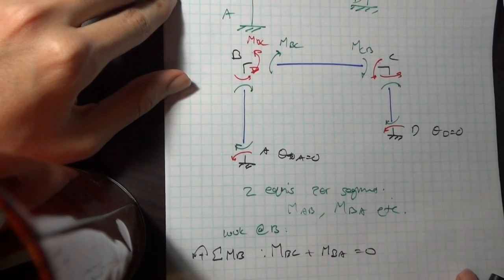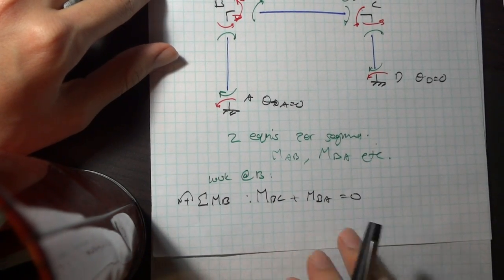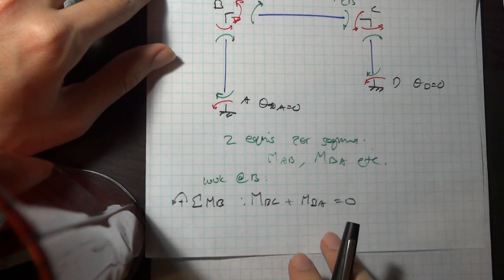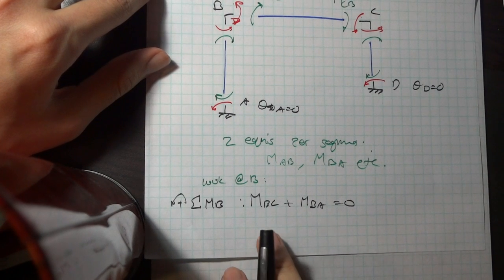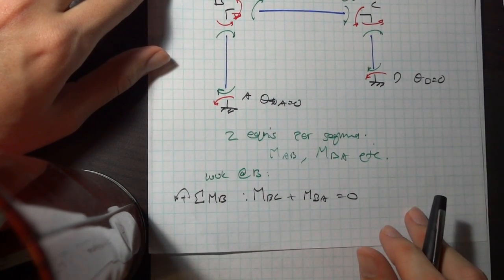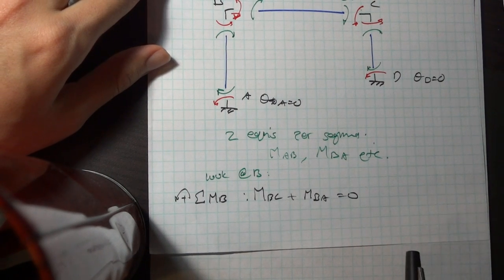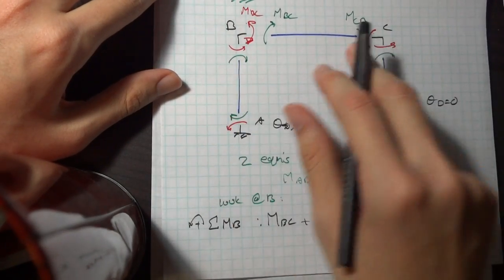You're going to have a system of equations and a set of unknowns, and then you just rearrange those equations and plug things into one another. For example, you'll plug equation 1 into equation 2 and use that to solve equation 3. And from there, you'll be able to get your moments.